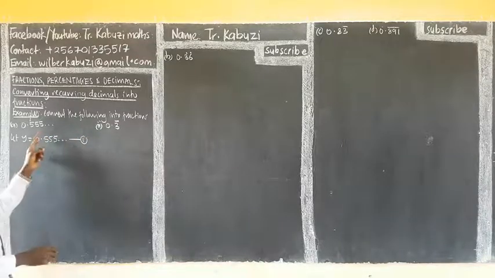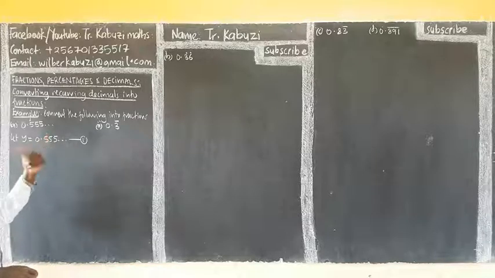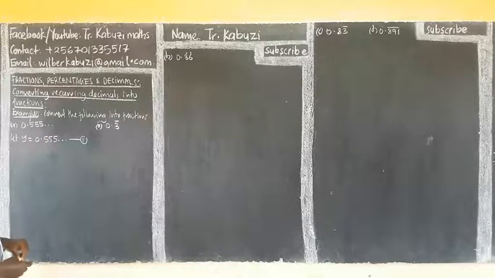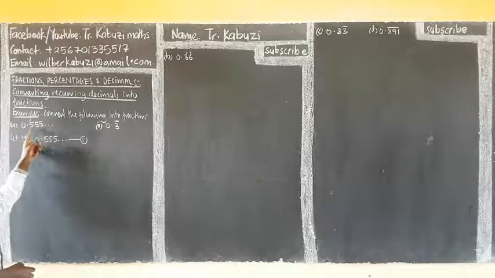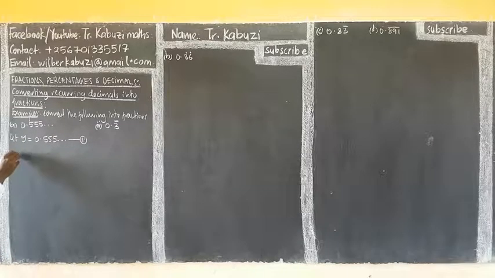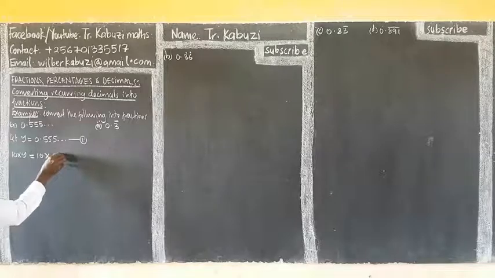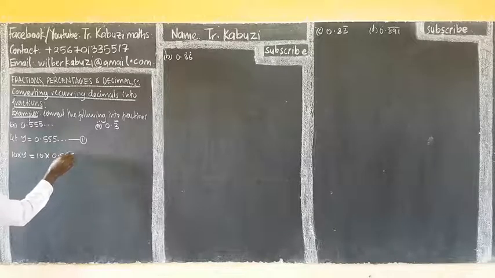To shift this decimal point, whenever you shift it means that we multiply by something. What should we multiply with? 10, so that I can shift this one, because I'm saying 5 is the only thing repeating. So I multiply here by 10. So 10 times y will be equal to 10 times 0.555.